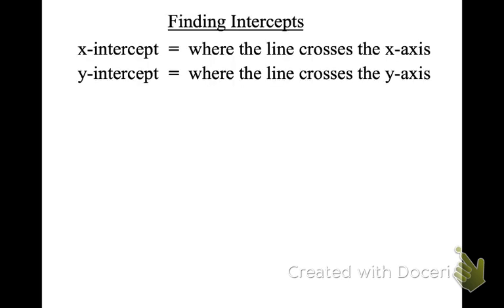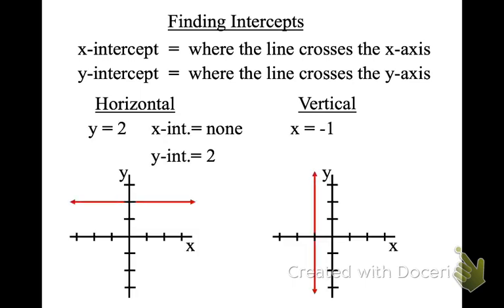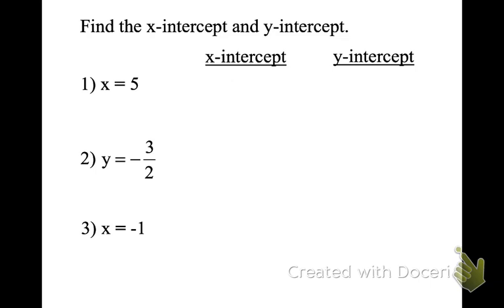Okay, so let's switch over here. Okay, so on x equals 5, what is the x-intercept? 5, 0. And what is the y-intercept? None. Next one.